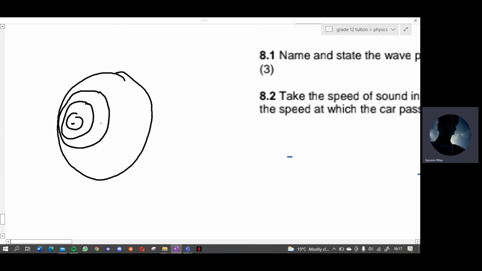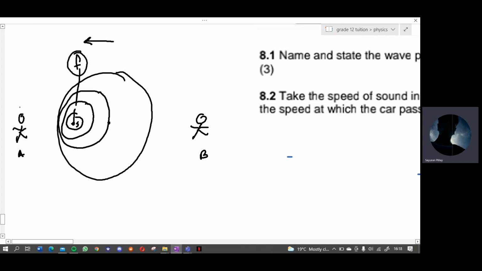It started here and it's moving in this direction, emitting those sound waves. Over here we have an observer, and another observer here: observer A in the front and observer B behind. Obviously, the source is approaching observer A and moving away from observer B, and it's emitting a certain constant frequency, which is unchanged.